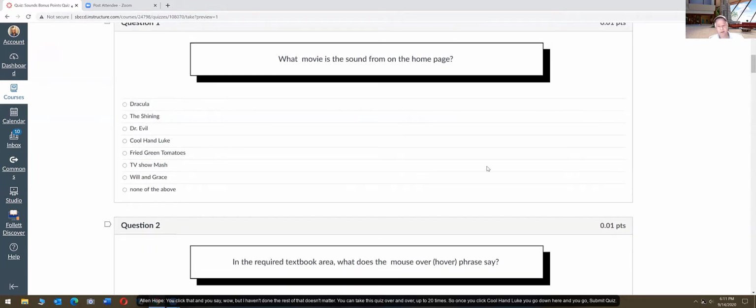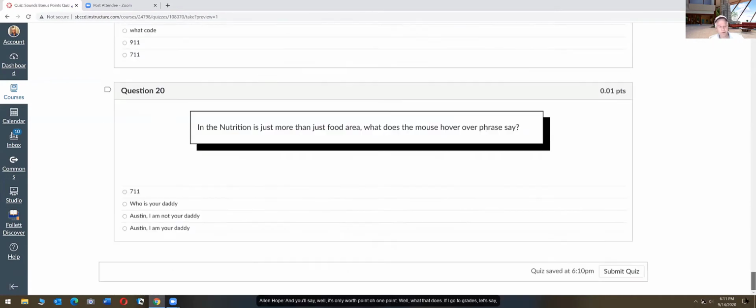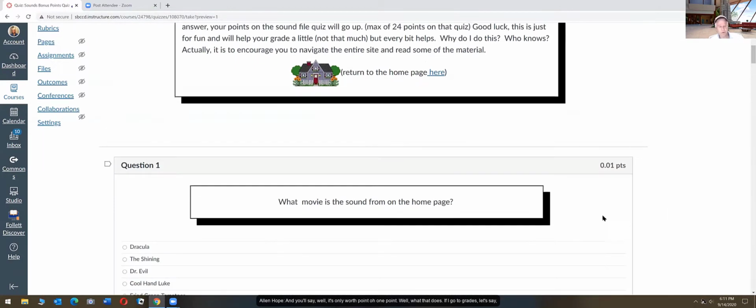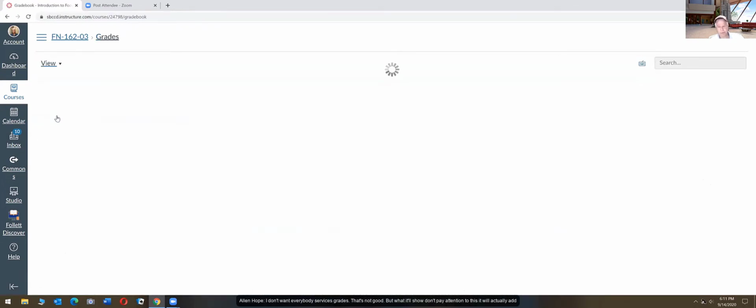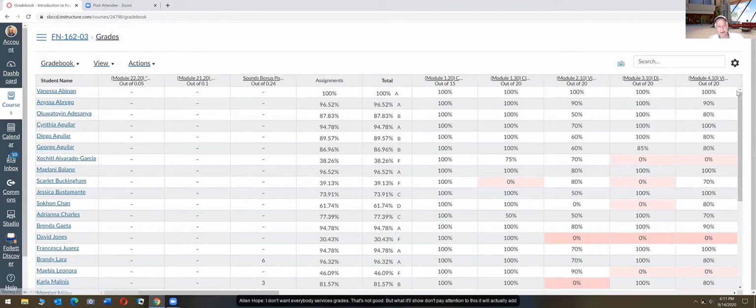So once you click Cool Hand Luke, you go down here and you go submit quiz, and you'll say, well, it's only worth 0.01 points. Well, what that does, if I go to grades, let's say, that's why I check these every now and then. I don't want everybody to see everybody else's grades. That's not good.